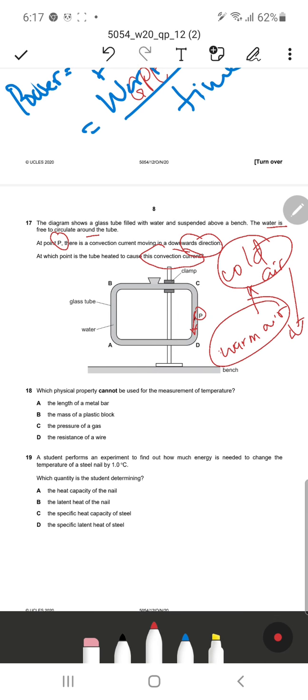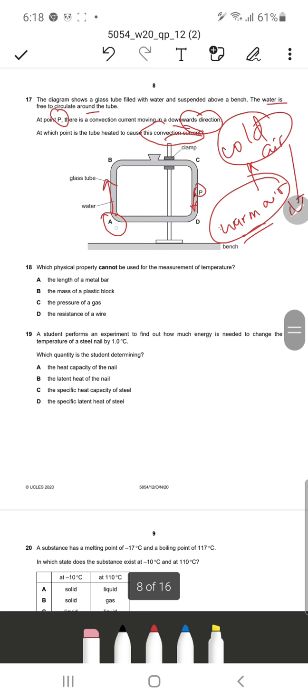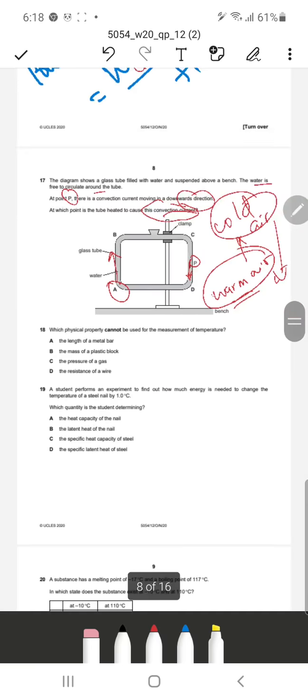So since warm rises and cold sinks, this is where the convection current is created. This is the warm water which rises up and then moves down as it becomes colder. So this is where the convection current continues.